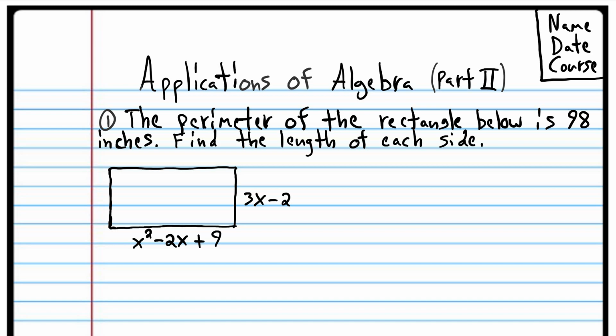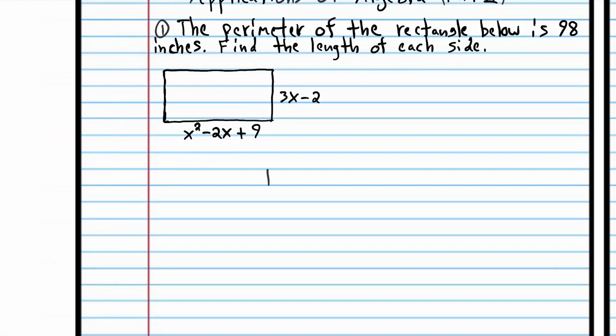But in case you did forget, perimeter is the sum of all the side lengths of an object. You want to know how long the outside of an object is. You add up all those side lengths. So let's go ahead and do that. Perimeter, P, is equal to the sum of all the sides.